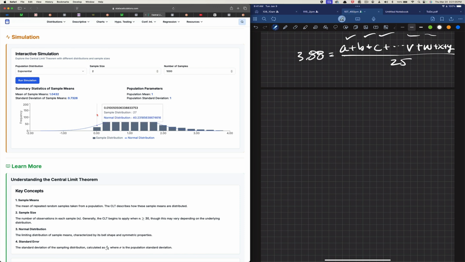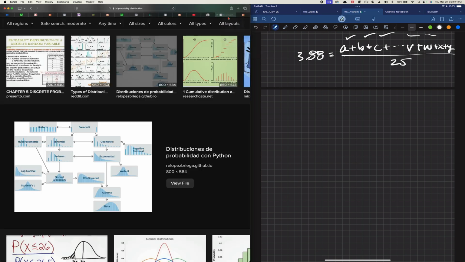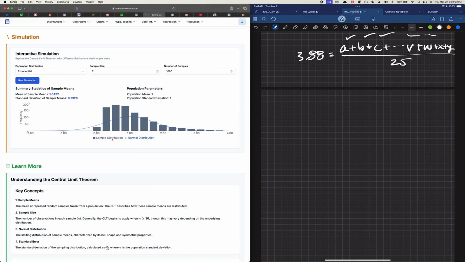But notice how there's this curve downward over here. And if we look at this one, look, there's no curve downward. So the distribution of the sample means is not going to give us this distribution. It gives us this. But what happens if I increase that sample size from 2 to some other number?